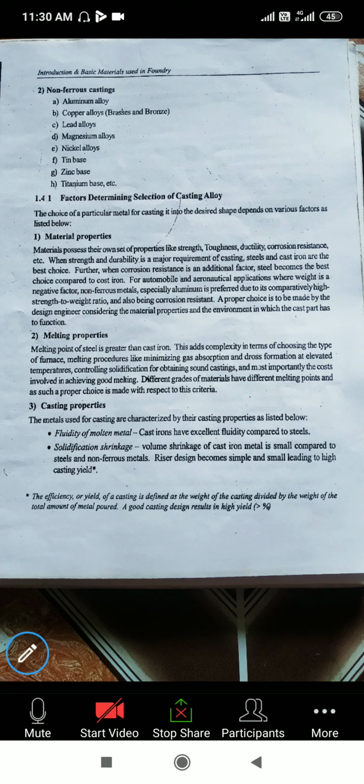So these are some of the casting properties that are also very important factors in the selection of a casting alloy.